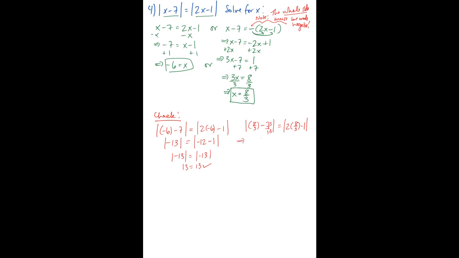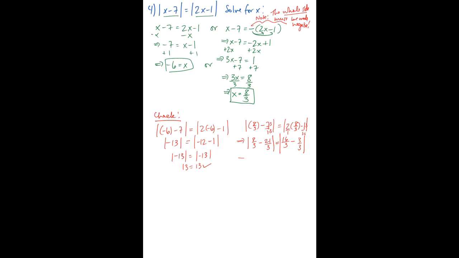So I will get the absolute value of 8/3 minus 7 times 3 is 21/3. Here, similarly, I could put the 2 over 1. 8 times 2 is 16/3, just inside the absolute value sign, minus 1 I could change to 1 over 1, and multiply the top and the bottom by 3 to get a common denominator, so we get 3/3.